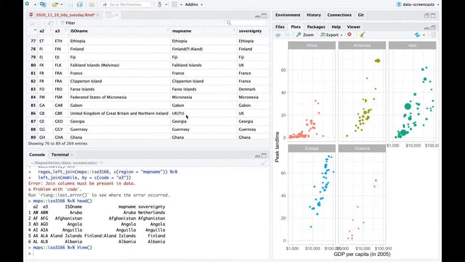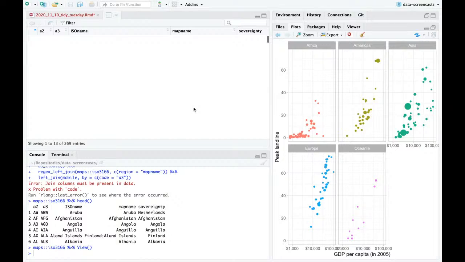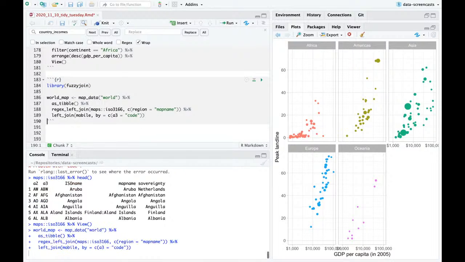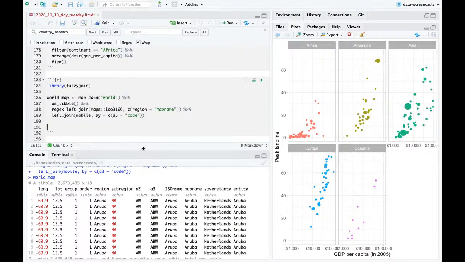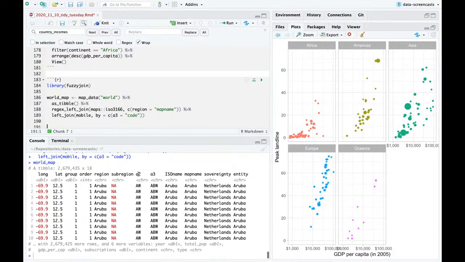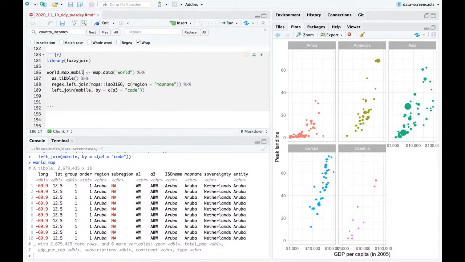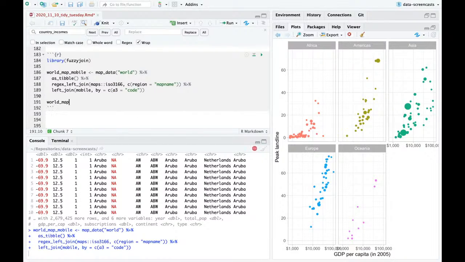Like here it's UK, and then it has this little puzzle. But the story is that you have to match these two. I think it's frustrating, and I'd give a lot to just have this data joined together with the country code and everything. But now that I have this world map and I have it joined by mobile.